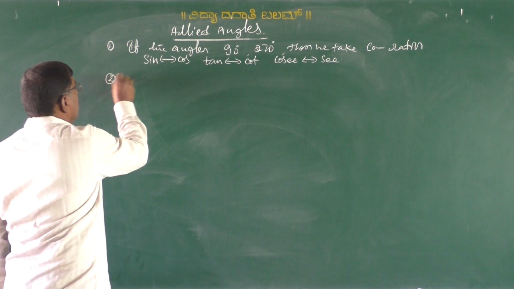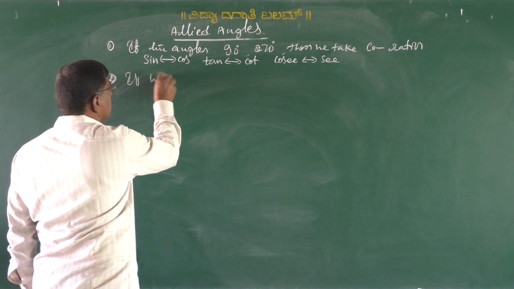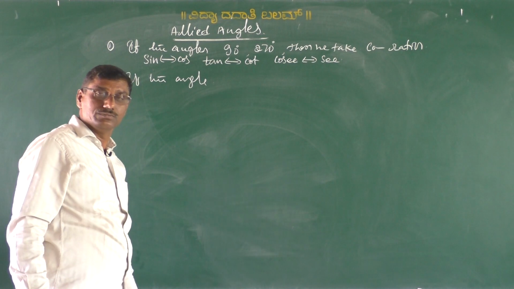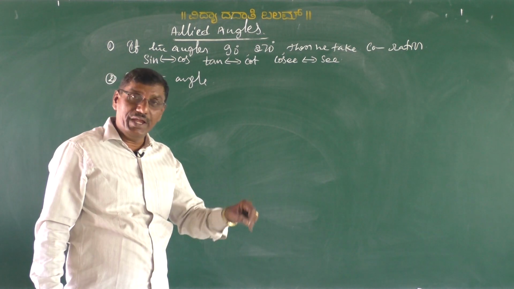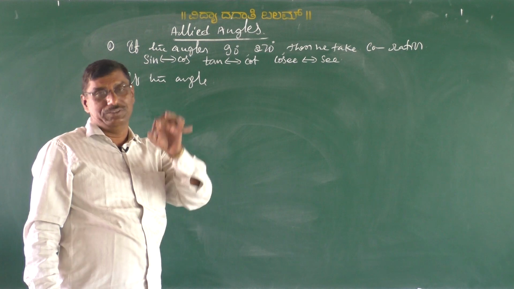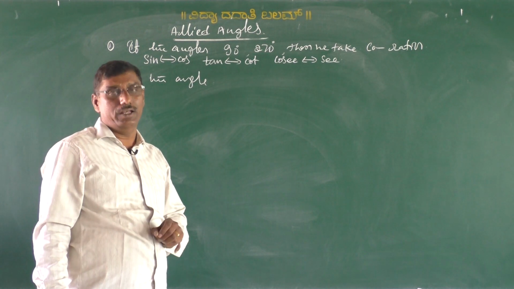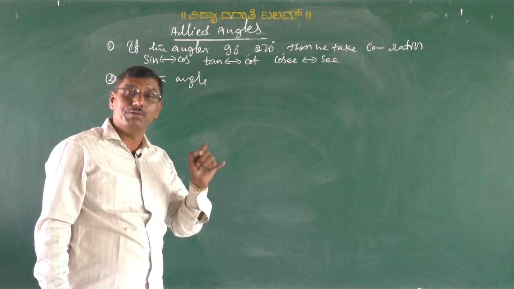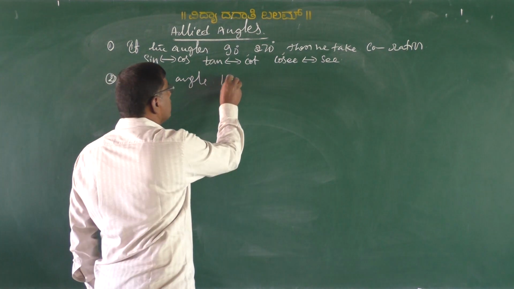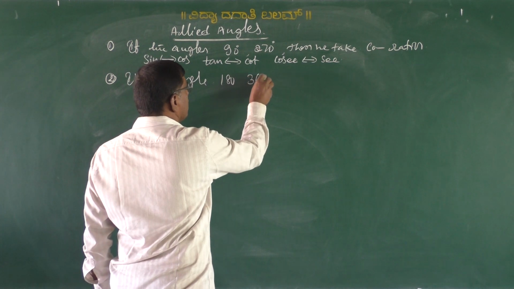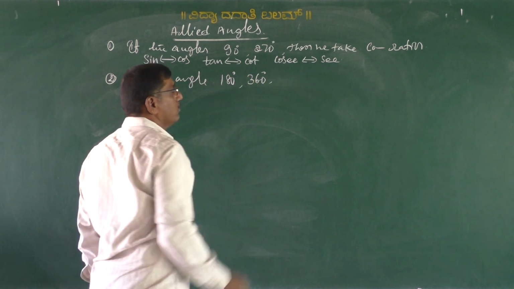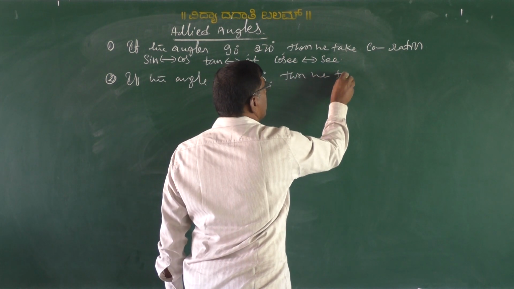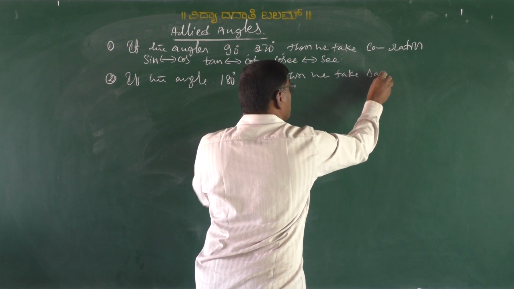If the angles are like 180 or 360 and minus theta, then we take the same ratio.